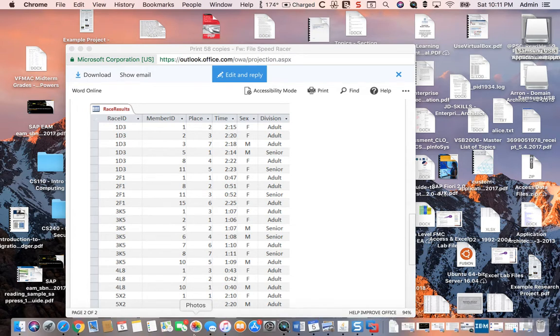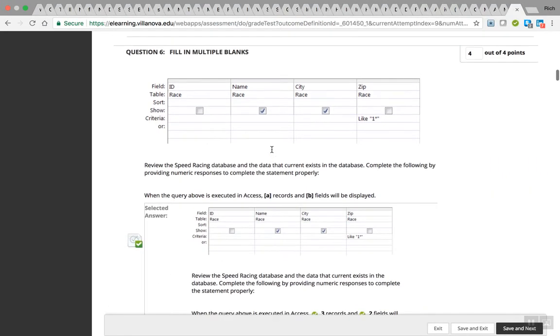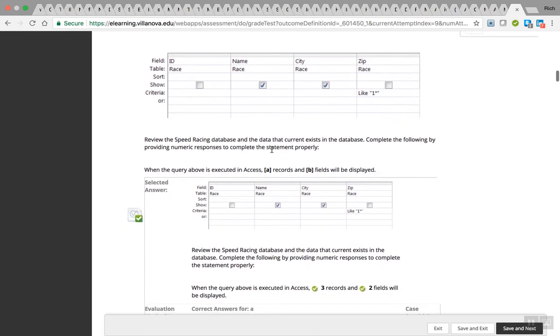Okay, so let's go back and take a look at some of the questions we have on this one. The first query is, given the database that we have, what would be the results of the execution of this query against this?